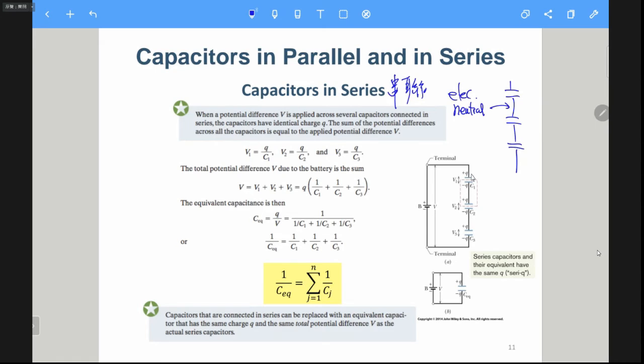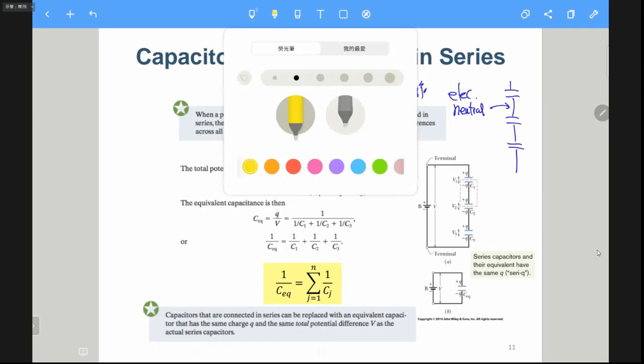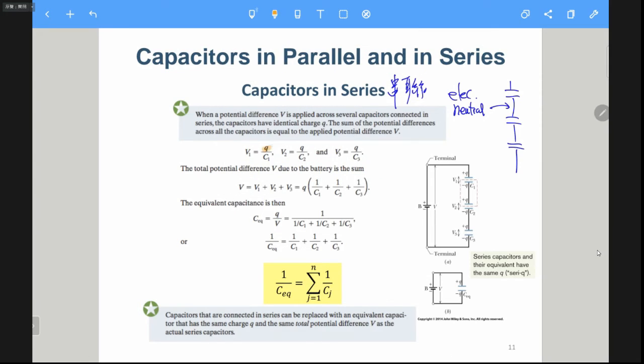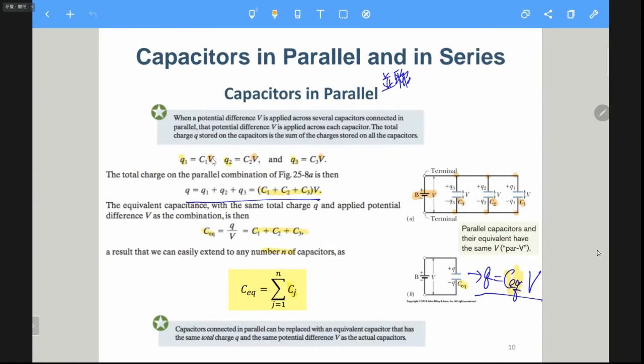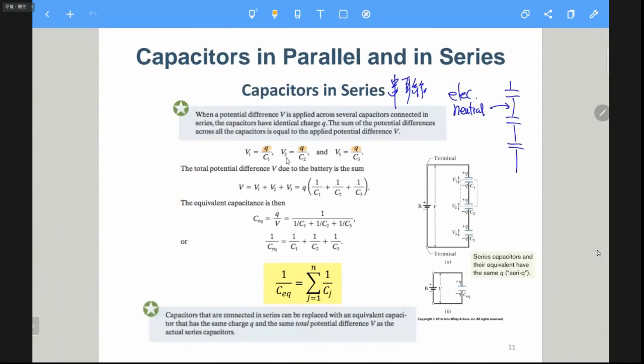So finally, we can see that for series capacitors, even though the capacitances are different, the charge should be the same, because this center node should be electrically neutral. In that case, we see that the charge is shared by the different capacitors. For the previous one, the shared variable is the voltage difference. So this is the difference between parallel and series.